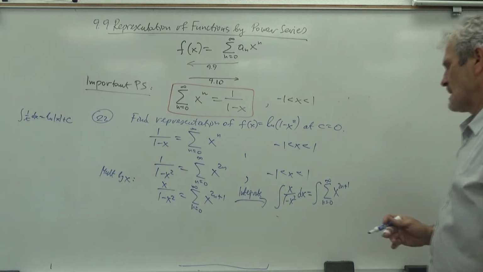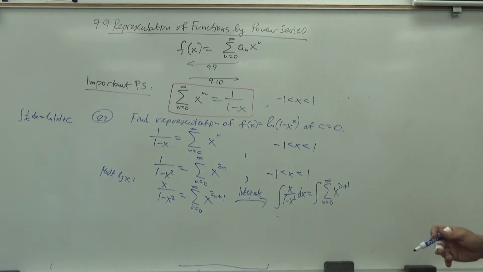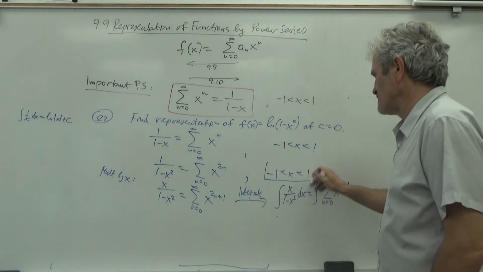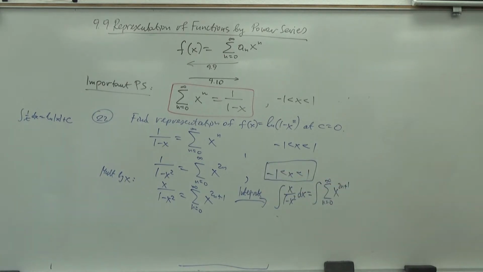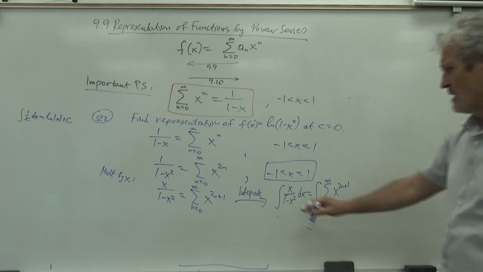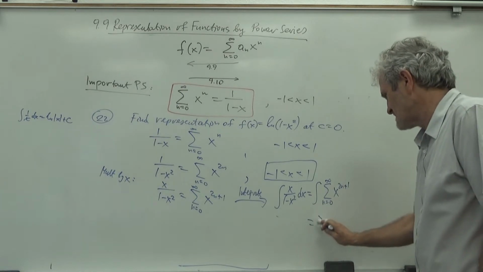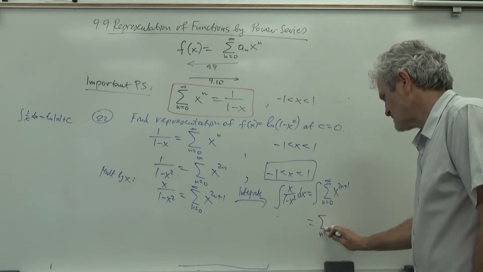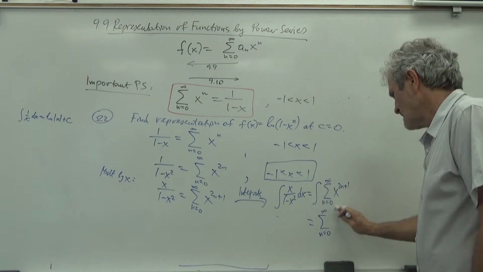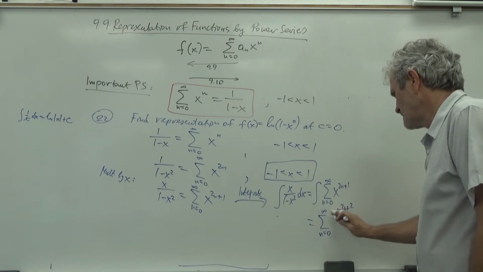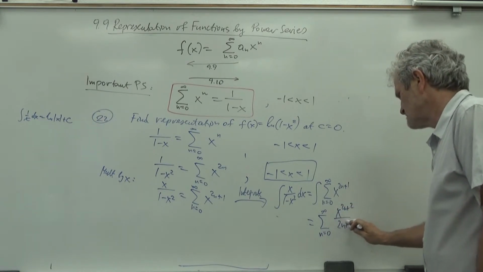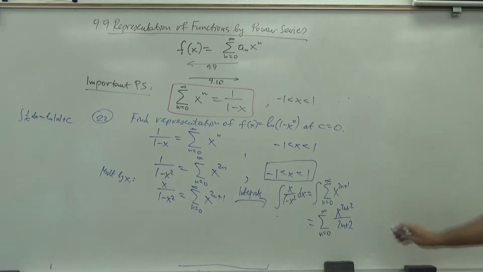As I said, if you are within the interval of convergence, which is between negative 1 and 1, you can integrate the sum member by member. Now, the right side is much easier to integrate formally. What would that be? The sum, n goes from 0 to infinity, of x to the 2n plus 2 over 2n plus 2, and plus c, of course.